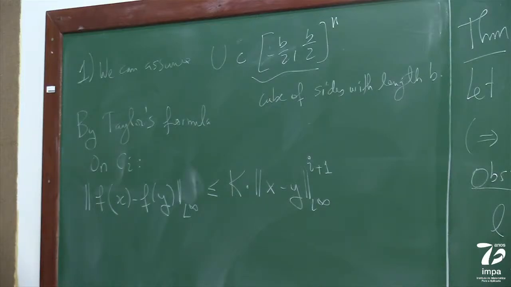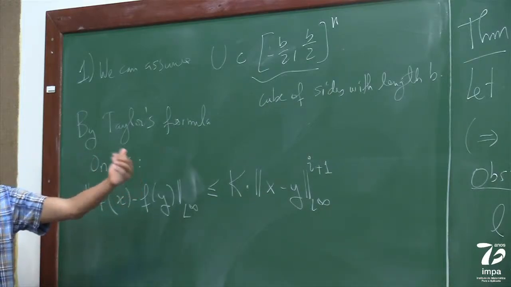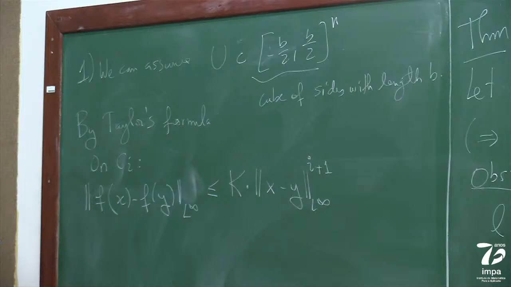Okay? Because all the partial derivatives are 0 between 1 and I.